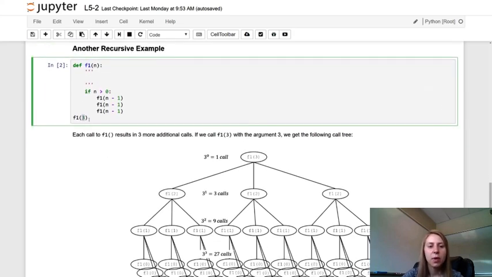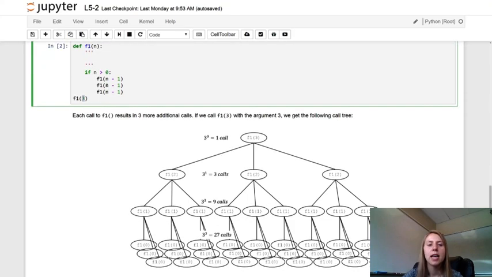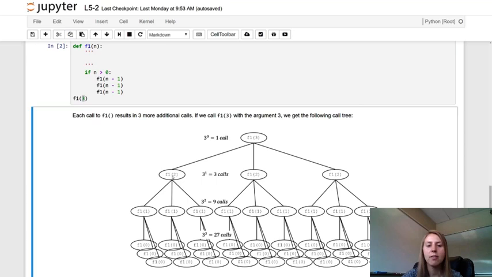So we come in, f1 of 3. Okay, this is our first call. And we test, is n greater than 0, 3 greater than 0? Yes, it is. Now we call f1, passing in n minus 1, 3 minus 1 is 2, and we have f1 of 2.